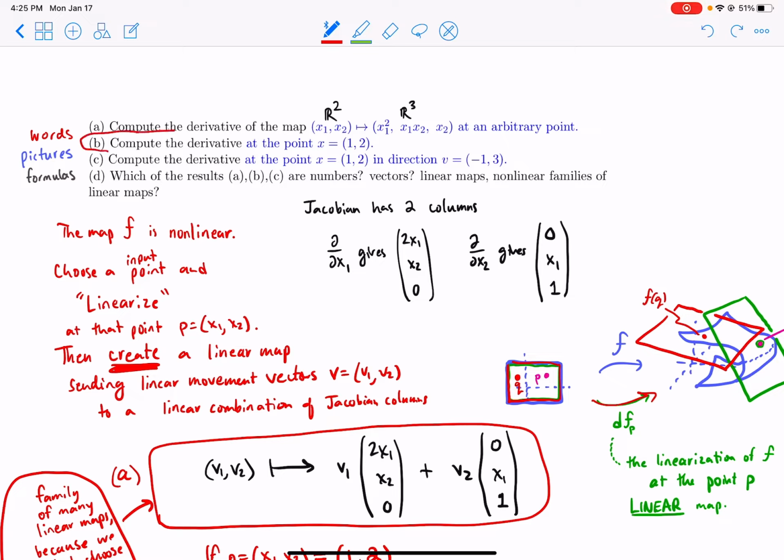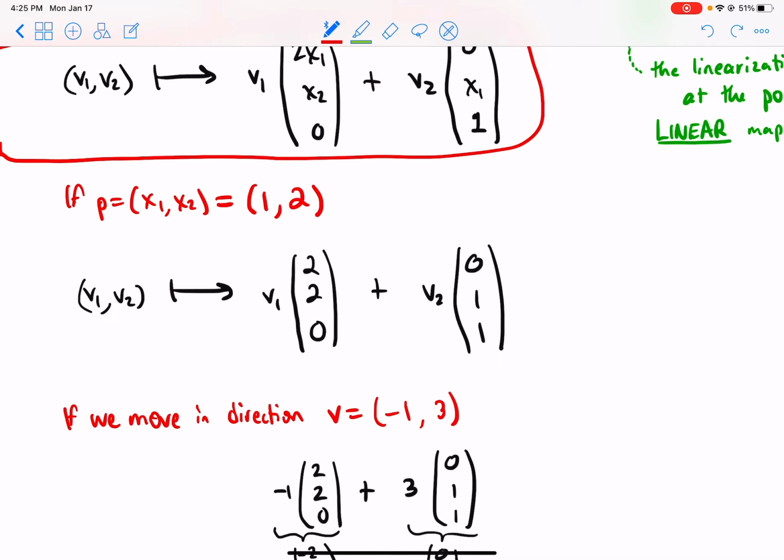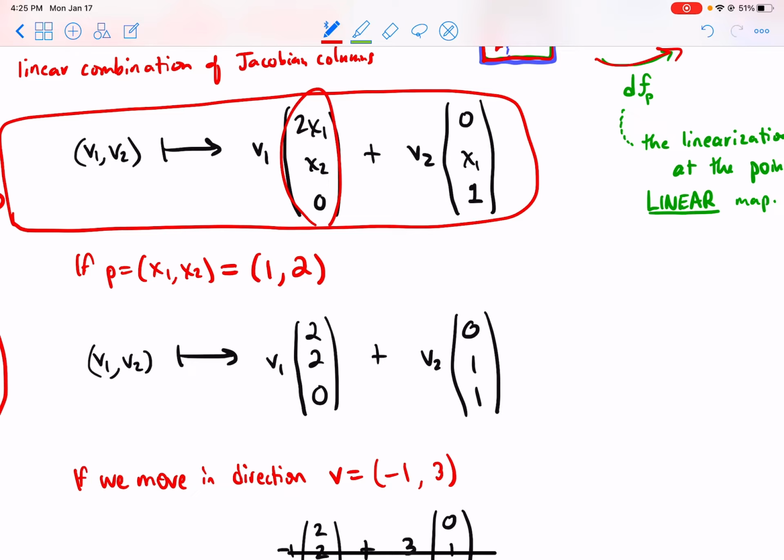So in B, compute the derivative at the point x equals 1, 2. Now we've actually chosen 1, 2 as the point where we're linearizing. So that's down here where we plugged in. All these x1, x2s became numbers. And we haven't yet picked v.